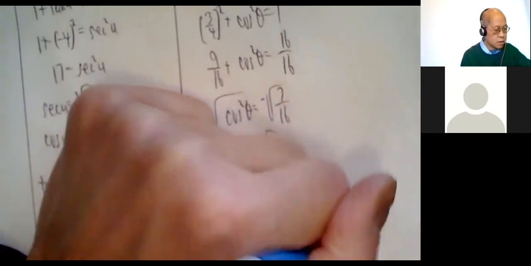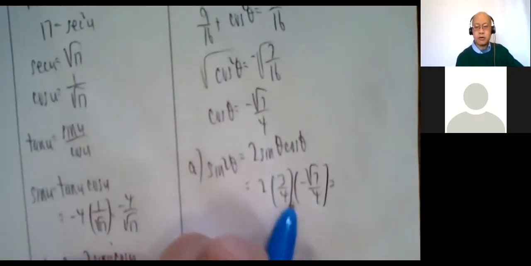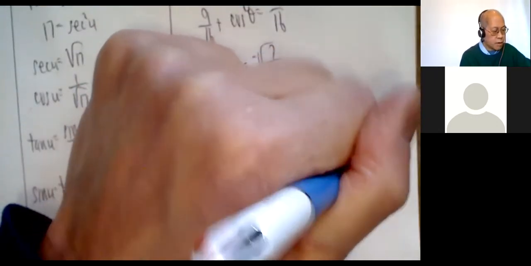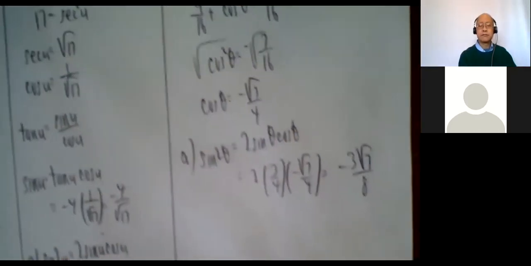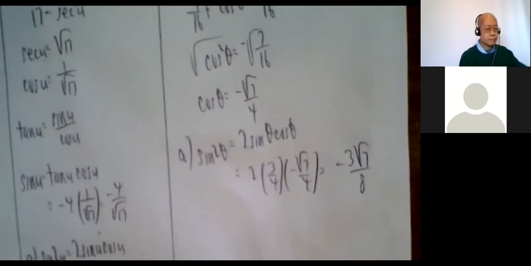Cosine theta is negative radical 7 over 4. And so let's see, 4 times 4 is 16. Cancel the 2 gives me an 8 on the bottom. So negative 3 radical 7 over 8. Okay, 2 on top, 16 on the bottom. Cancel, you get 8.